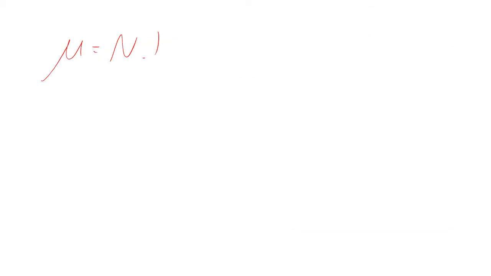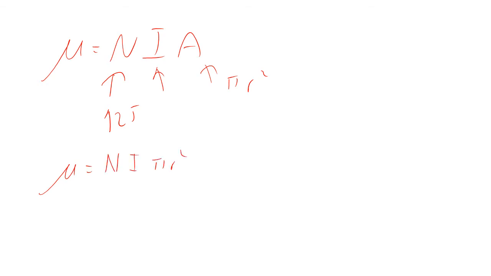Mu is NIA. Well, N is 125. I is given. And likewise, A is pi r squared. So mu equals N times I times pi r squared.